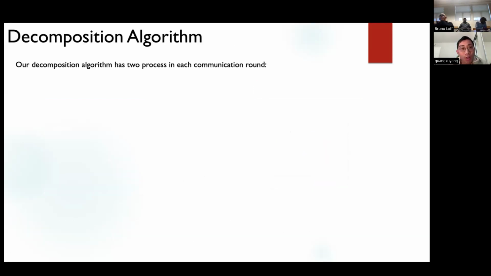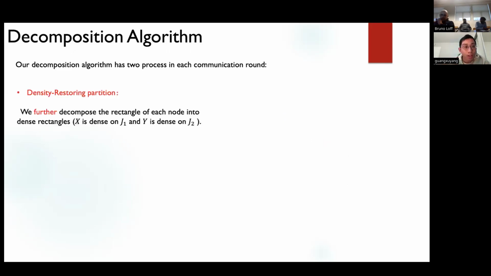So let's turn to our decomposition algorithm. That means what we want to do in each communication round. First, communication will partition the rectangle. So we will use the density restoring partition to decompose the rectangle of each node into dense rectangles.